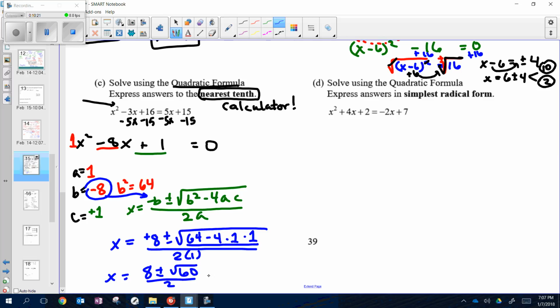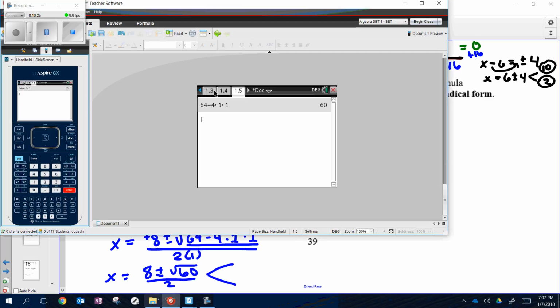The answer is no. I'm going to go to my calculator. I'm going to get two answers. So control divide. It's a big fraction. And on the top, I have 8 plus the square root of 60. And on the bottom, I have 2.